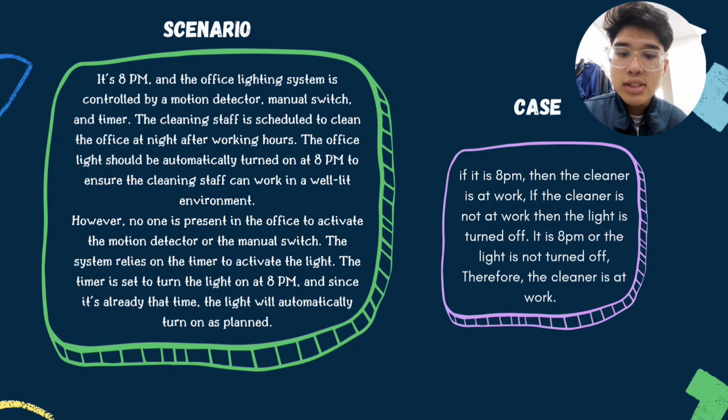However, no one is present in the office to activate the motion detector or the manual switch. The system relies on the timer to activate the light. The timer is set to turn the light on at 8 p.m. And since it's already that time, the light will automatically turn on as planned.